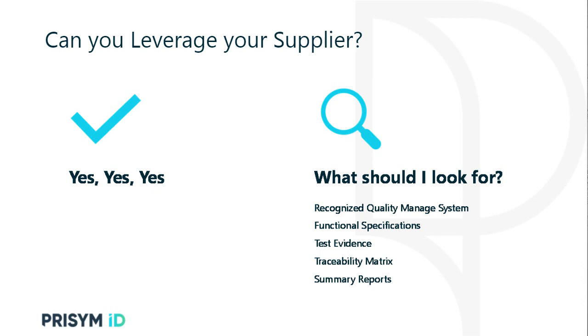This will probably be around the functional testing and demonstrates that your system proves what it does based upon the functional specification. Some kind of traceability matrix. You need to know what in your functional specification was tested and where it was tested and did it pass and what evidence do you have that it passed at that time.